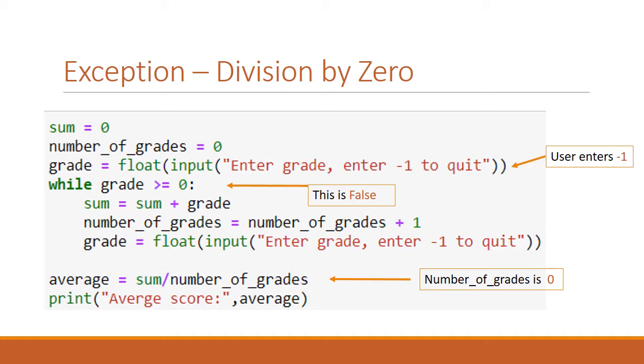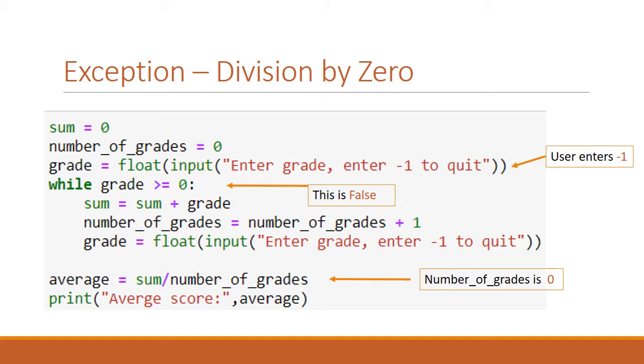The while loop is never executed, because grade is not greater than or equal to 0, so control of the program goes to the statement under the while loop, and we calculate average. So average is assigned sum divided by number of grades.